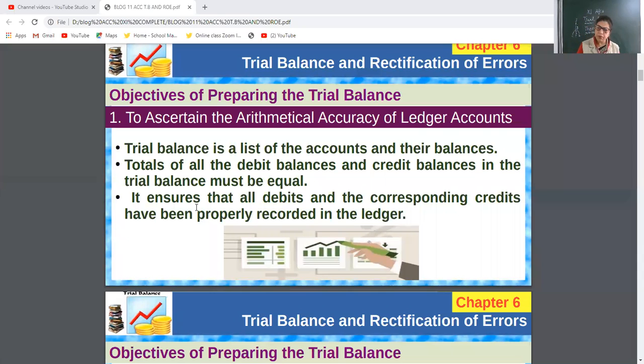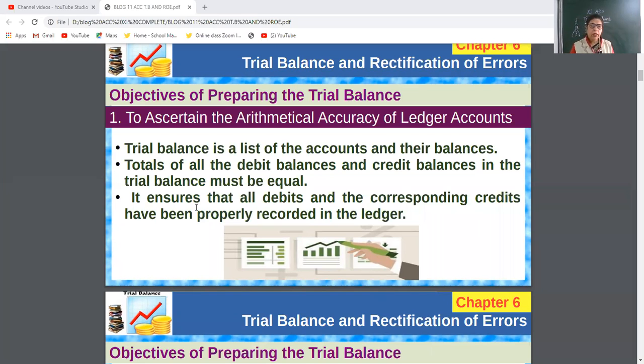First, okay, so in exam we can give you the question in various languages: objective, aim, need of trial balance. First, importance: to ascertain the arithmetical accuracy of ledger accounts.